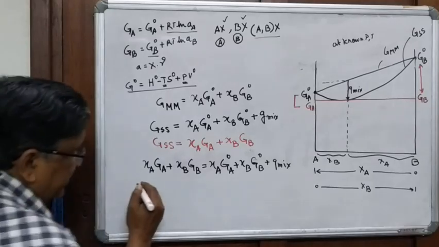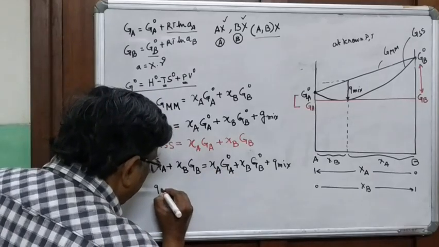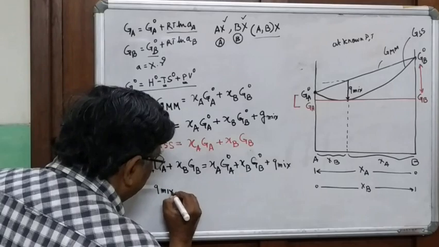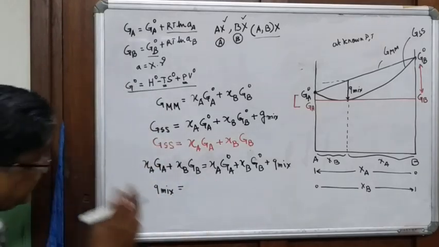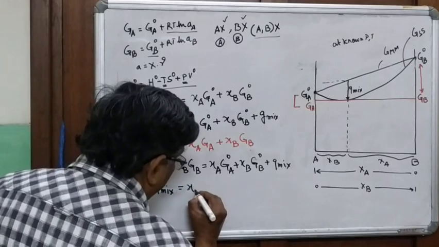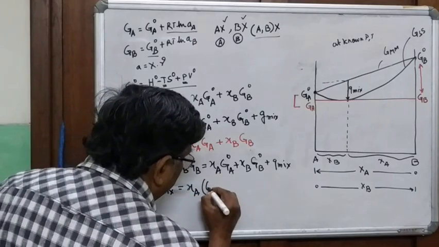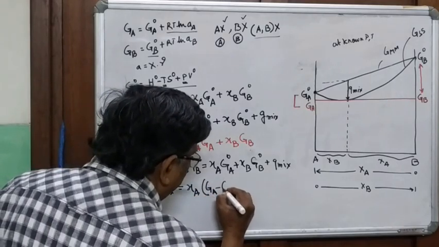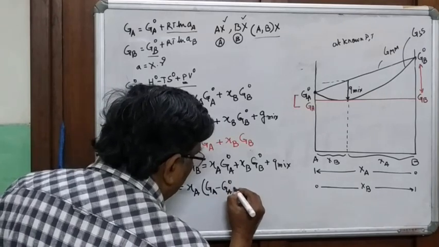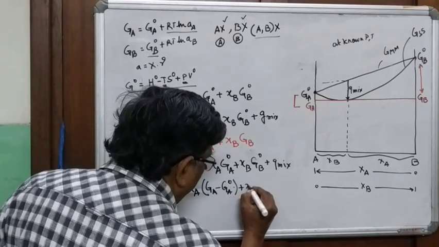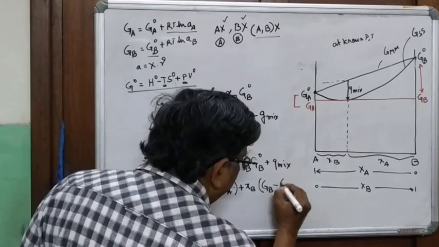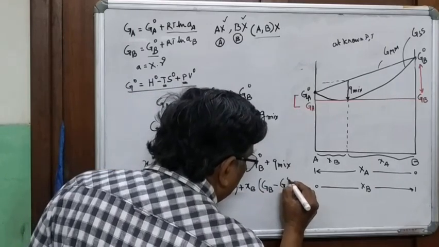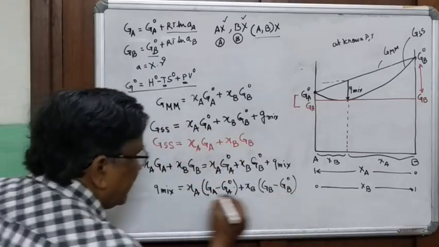So if we write this, then we can write what is G mix? G mix therefore is equal to XA (GA minus GA0) plus XB (GB minus GB0). This is where we reach.